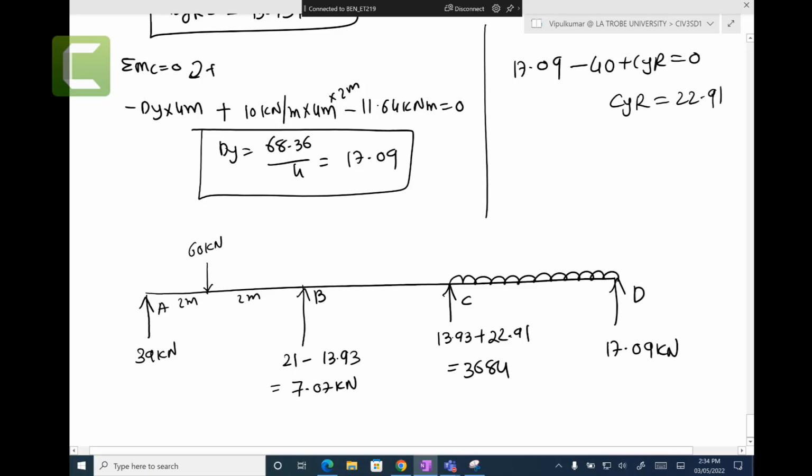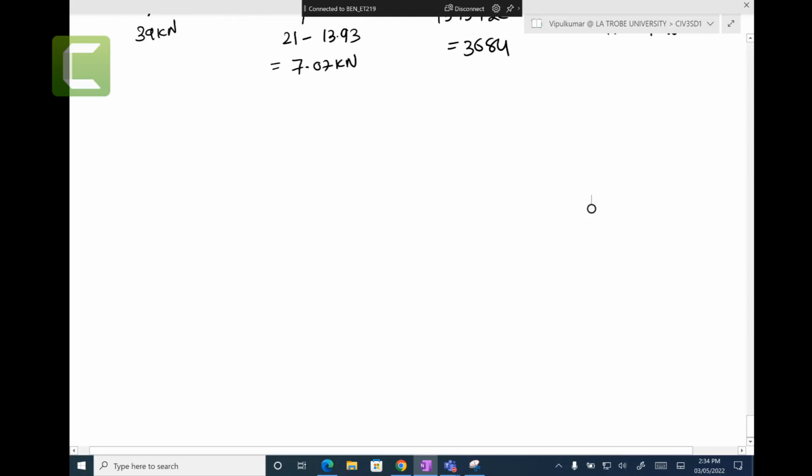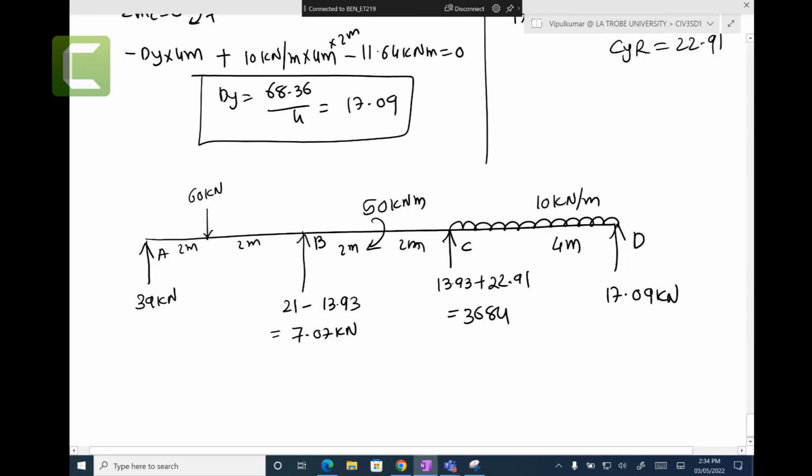CD has a UDL load of 10 kilonewtons per meter over 4 meters. 50 kilonewton meters, 2 meters, 2 meters. The moment here would be MAB.